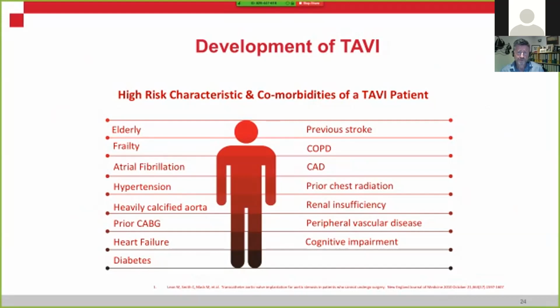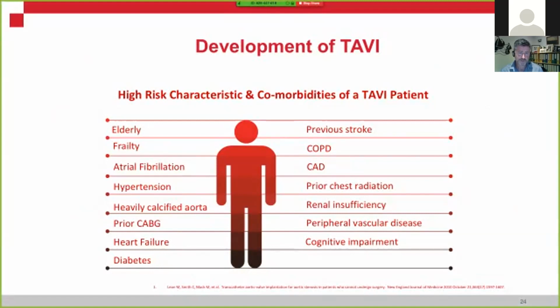In terms of patients, we've mentioned earlier about the 20% of patients who are often not considered fit enough to undergo conventional open surgical AVR. A lot of these patients will be very familiar. They may have other comorbidities, be elderly, frail, hypertension.